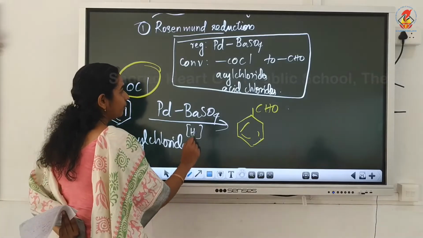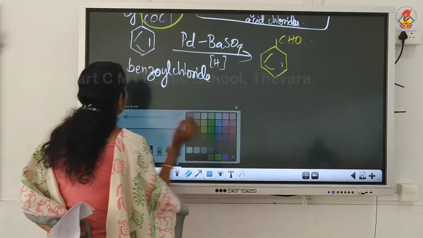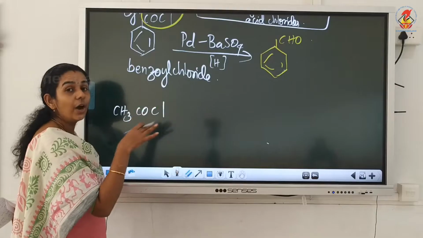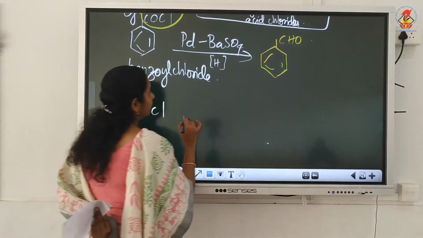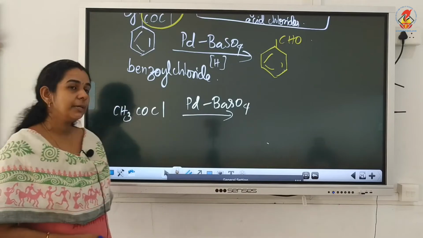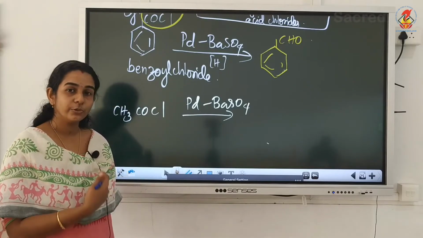Another example for Rosenmund reduction is, take CH3COCl. Don't try to learn the reactant side by heart. Study only how to write the product. On treatment with palladium on barium sulfate, if this is a question coming, when we see palladium on barium sulfate, we know that the reaction taking place is Rosenmund reduction.